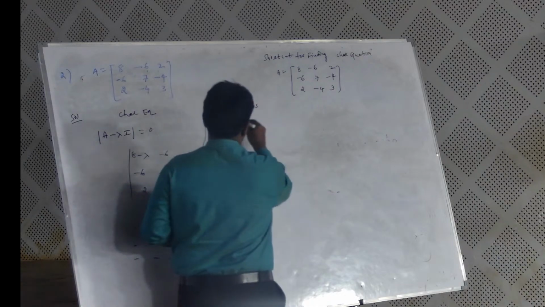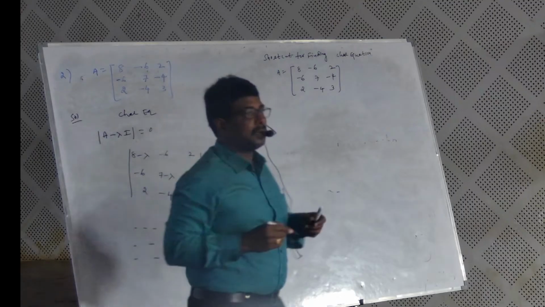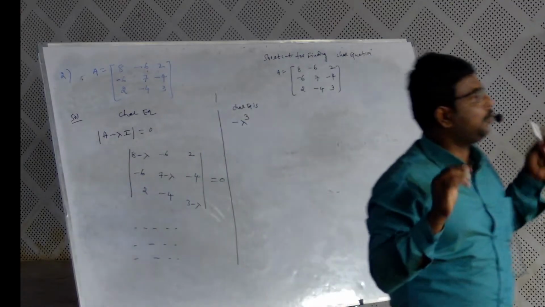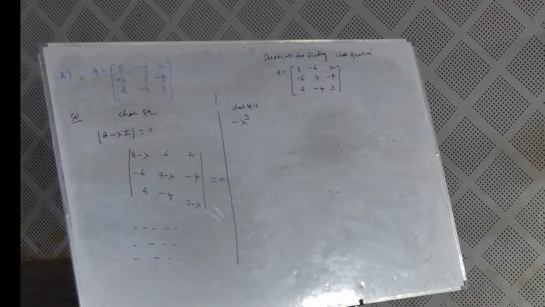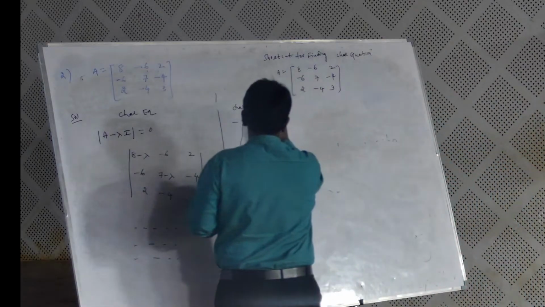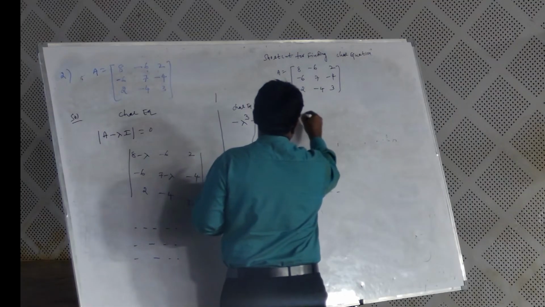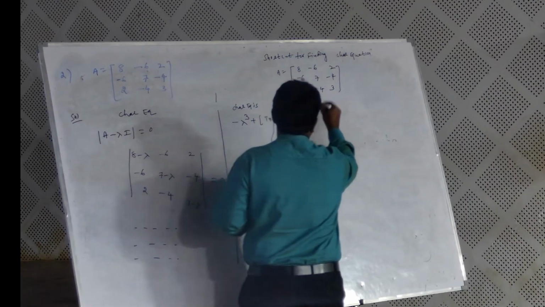It starts with the first term, lambda cube. What is the first term? Then trace of A, trace of the matrix into lambda square.